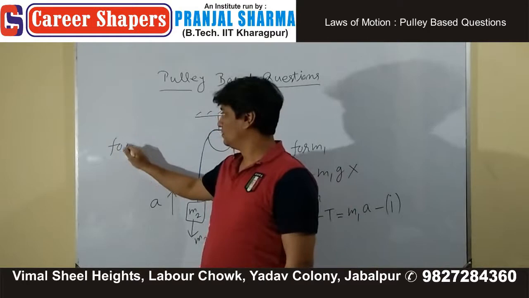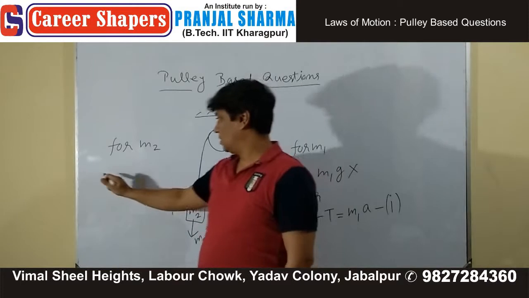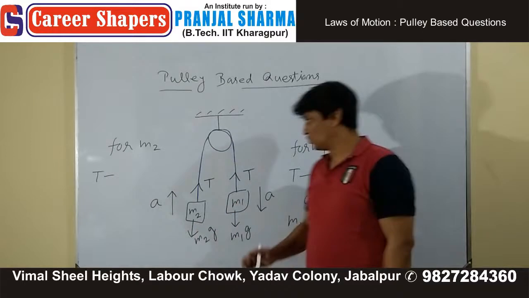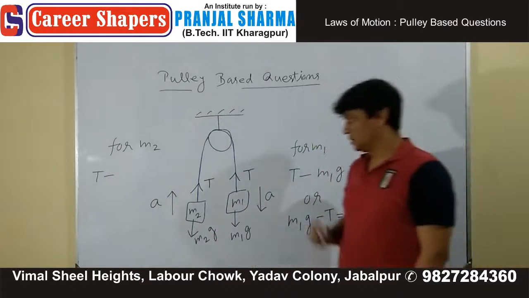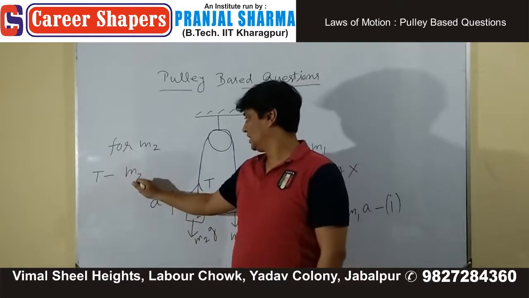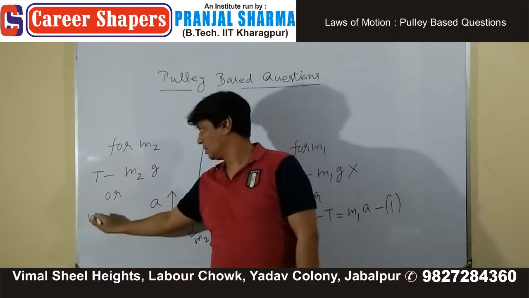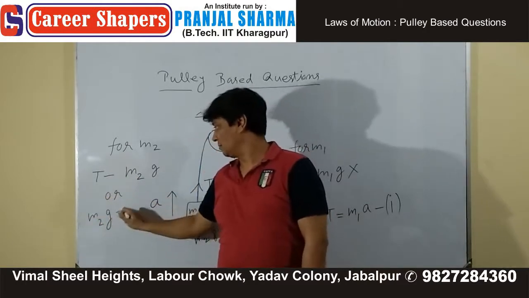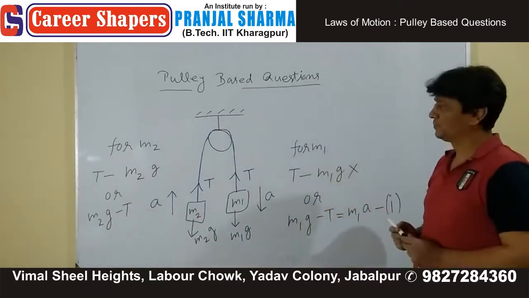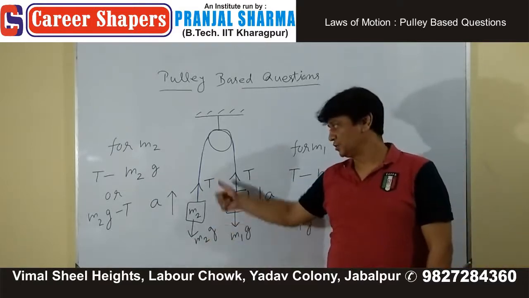For M2, those who did not answer the previous one, they should answer this now. What should I use? T minus M2G or M2G minus T? Which version should I use for M2?